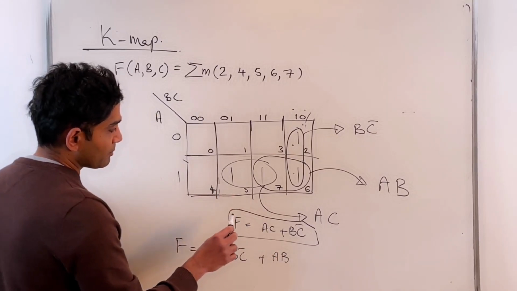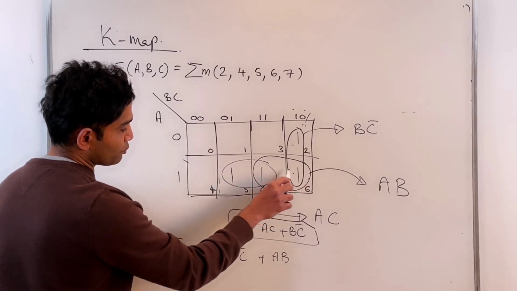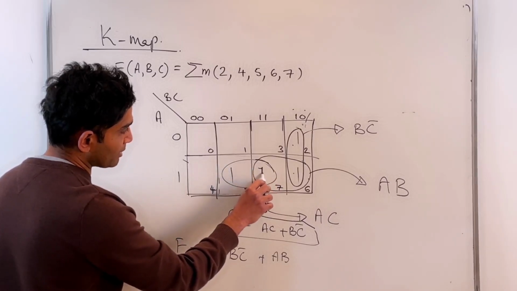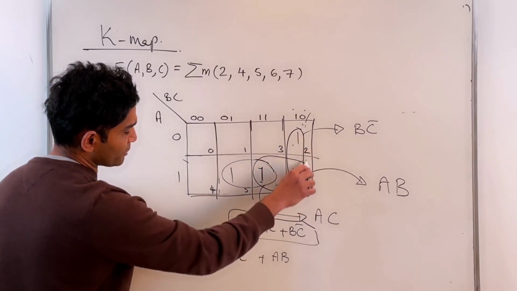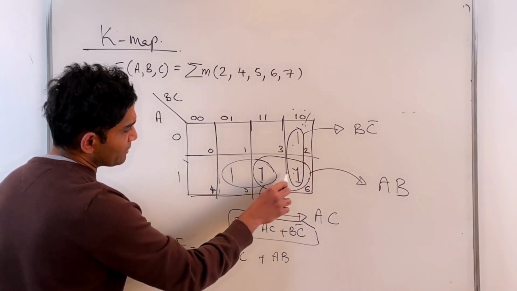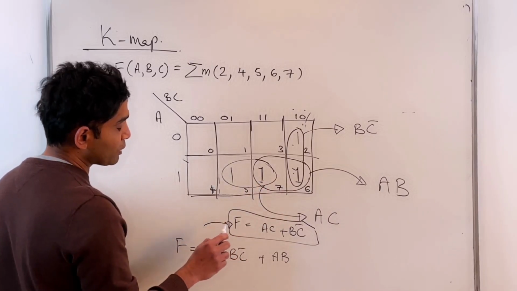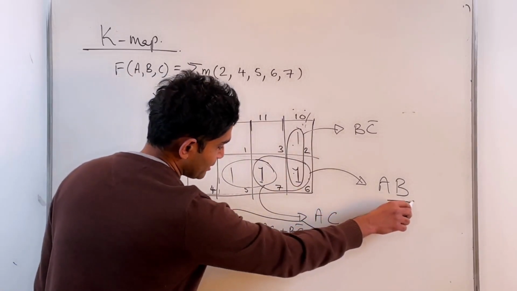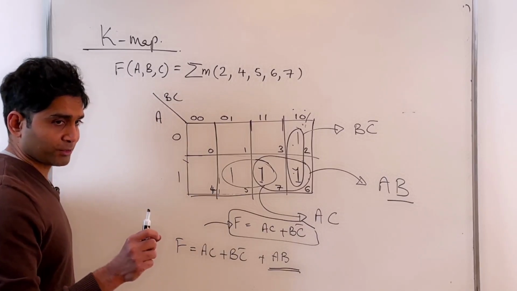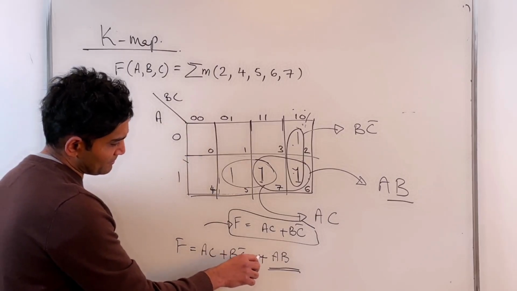Now, if I did not combine them, because these two cells are already accounted for, this one is accounted for in this combination, this one is accounted for in this combination. So even if I did not combine them, I'm getting the function. This function would work. Just adding this other term does not change the value of the function. The function would still work, but I'm increasing the complexity unnecessarily.